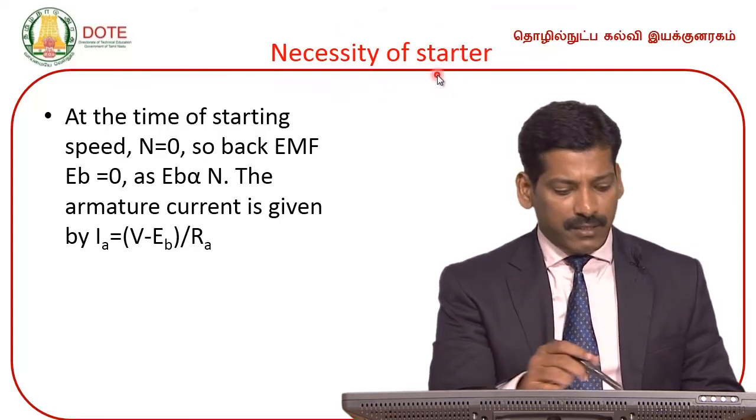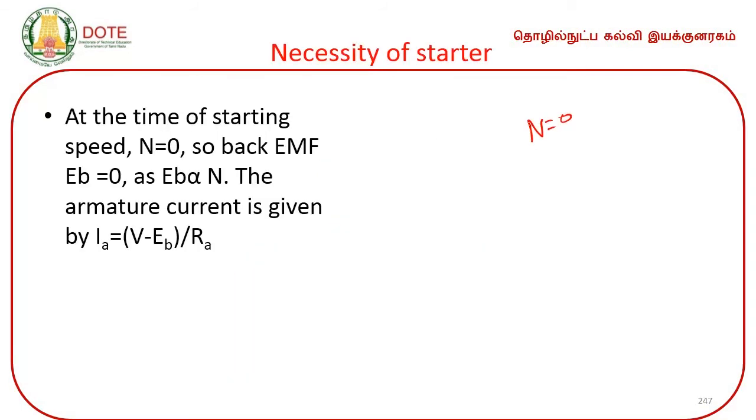So, what happens here is, at the time of starting, the speed of the motor is 0, that is N is equal to 0. So, what happens to the back EMF then? Back EMF is also 0, that is, the counter EMF produced across the armature is also 0. So, when E_b is 0, what happens to I_a? I_a is equal to (V minus E_b) by R_a, we know this equation.